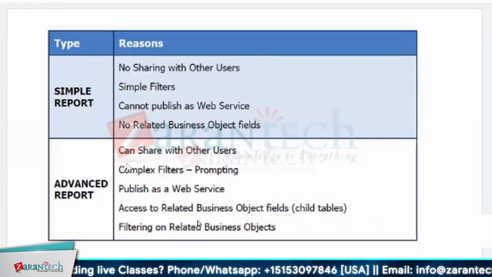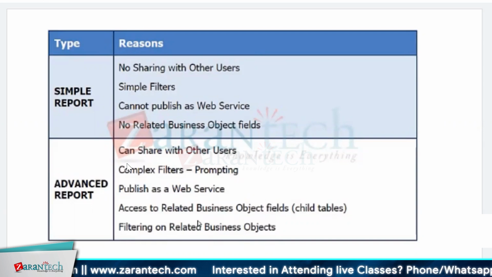And then there's no related business object field. So if you start on the worker, you're not going to be able to hop over to other business objects like the position or the role or other data that I was just showing that's related to that business object. But in an advanced report, you can share that report definition.